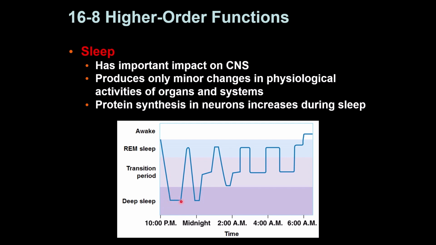You stay there for a while, then you go to the transition period and come back to rapid eye movements, and you go back to deep sleep, and then gradually you increase the amount of the rapid eye movements, but the level of the deep sleep decreases. So you will have more superficial sleep as the night goes on.